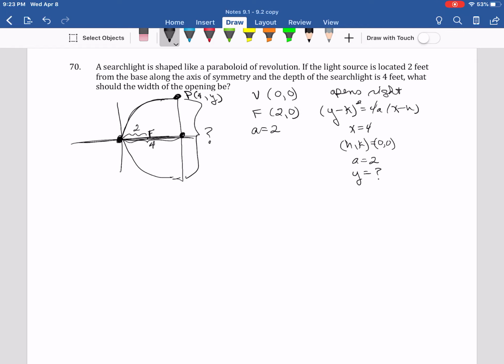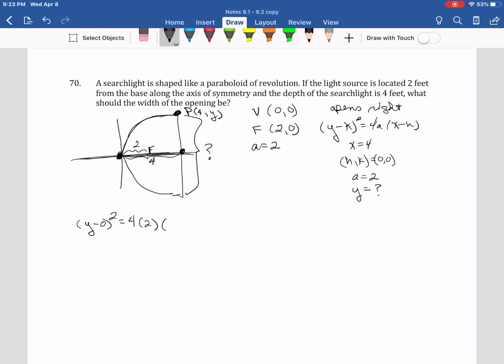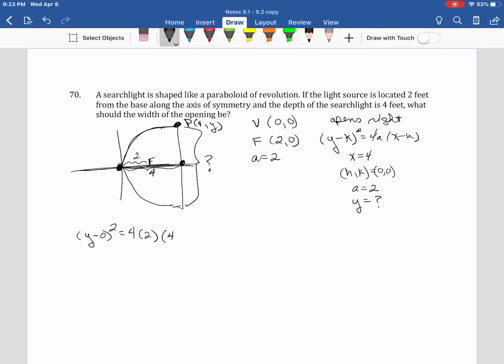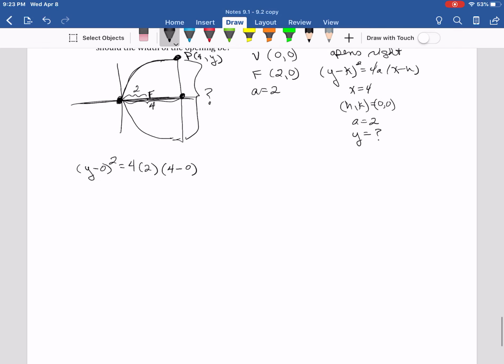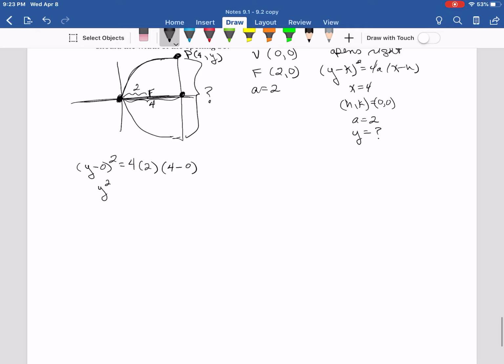Using that general form of a graph that opens to the right, I'm going to plug in everything that I do know, and the only thing left should be the variable y. Sure enough, the only variable left is the y. 8 times 4, 32.